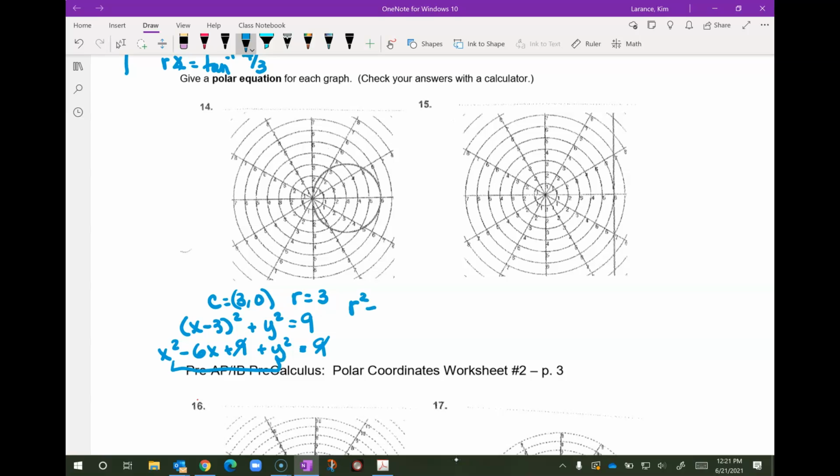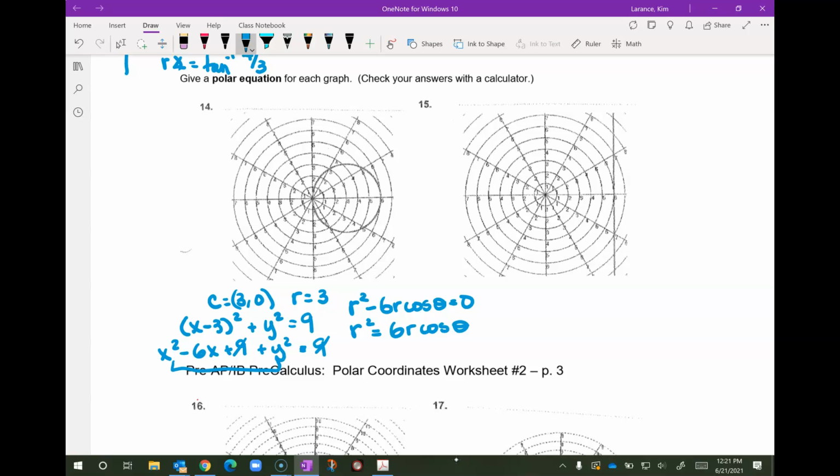Our 6x can be 6, and remember x is r cosine theta. So we're kind of getting somewhere here. It looks like we've probably got something like r squared equals 6r cosine theta.